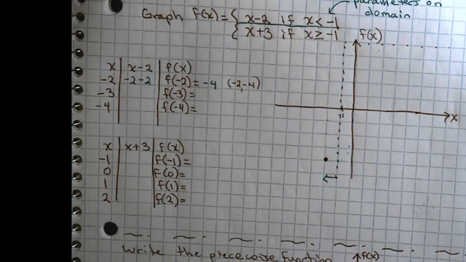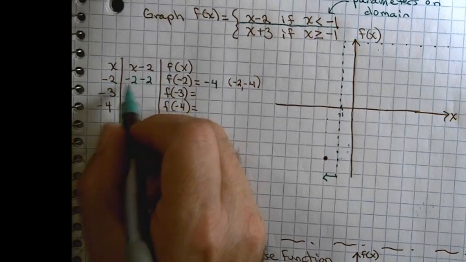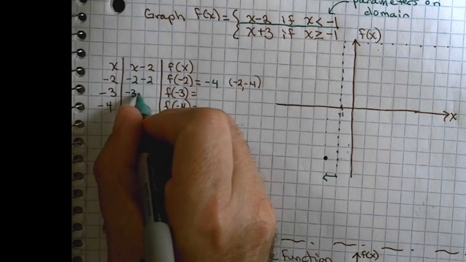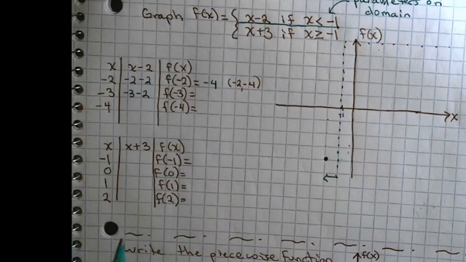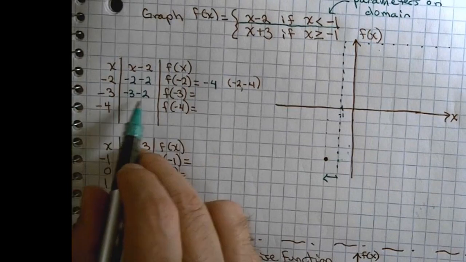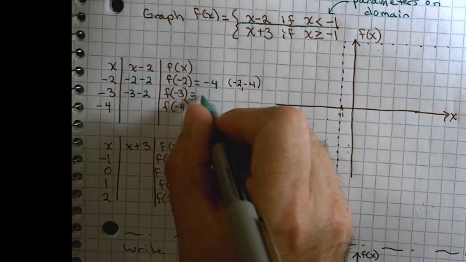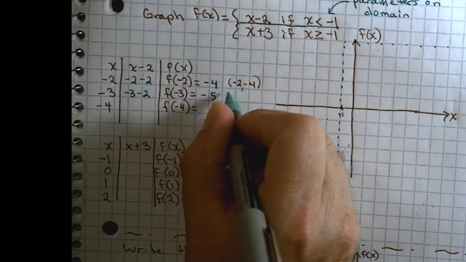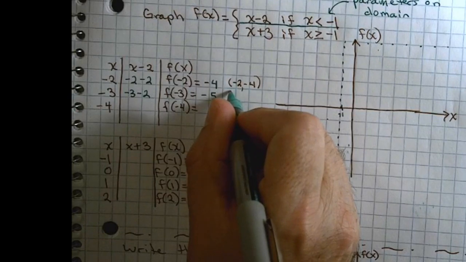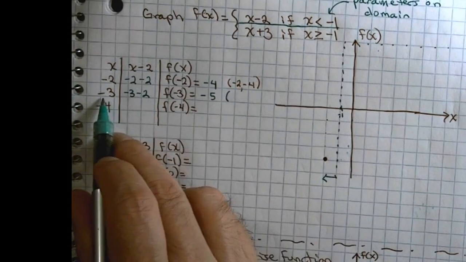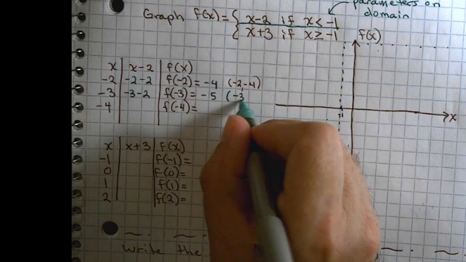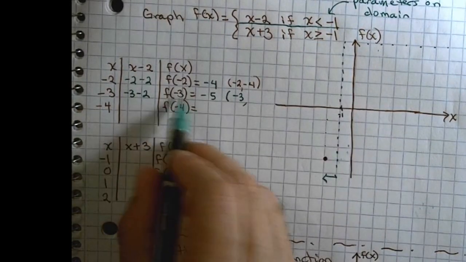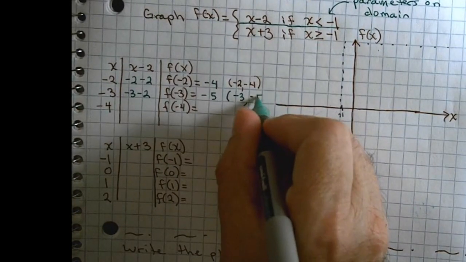I follow the same process. Substitute for x being -3: -3 minus 2 gives me -5. Again, that gives me the point when x is -3. The f of -3 is -5.